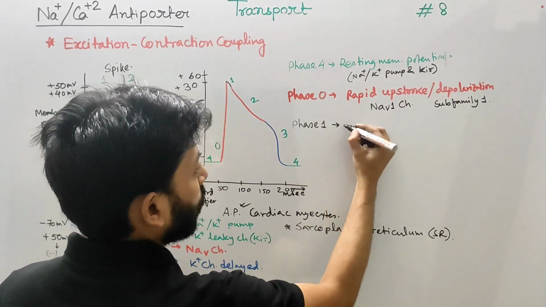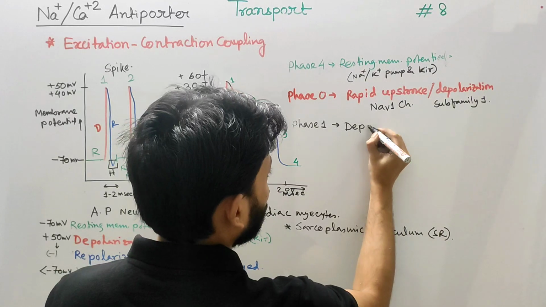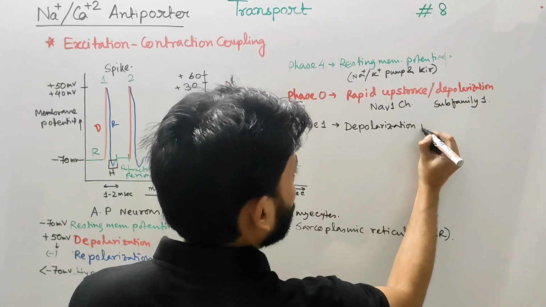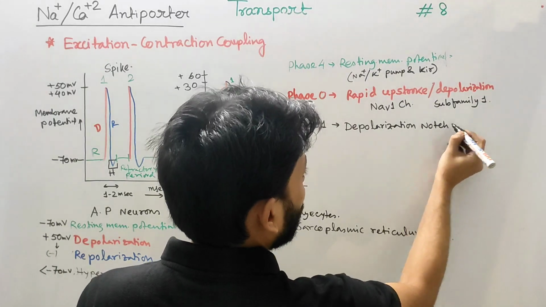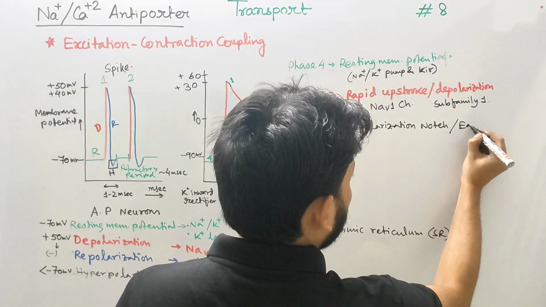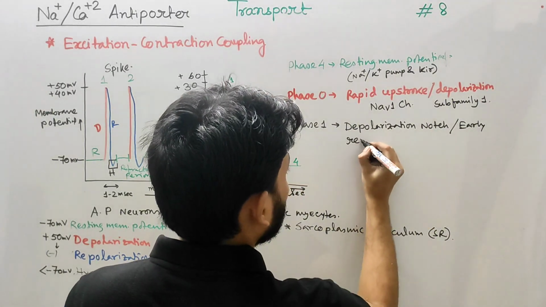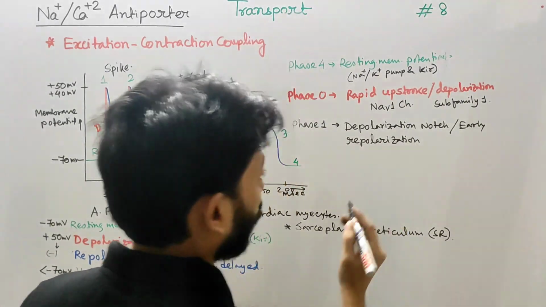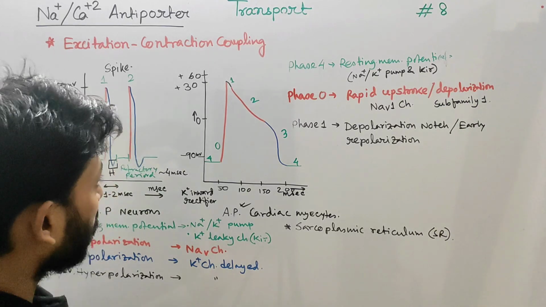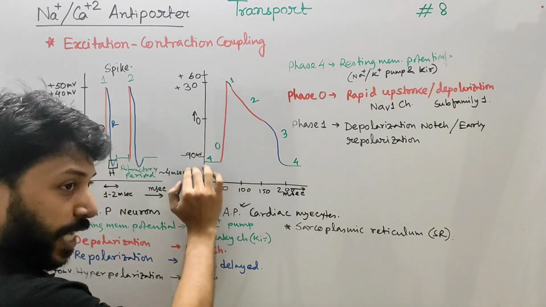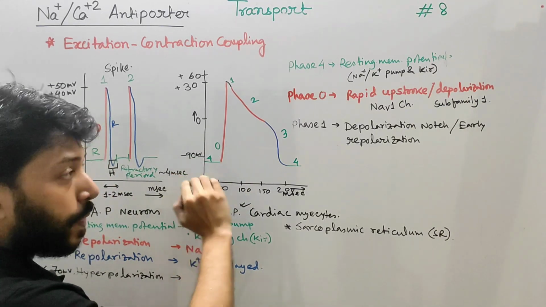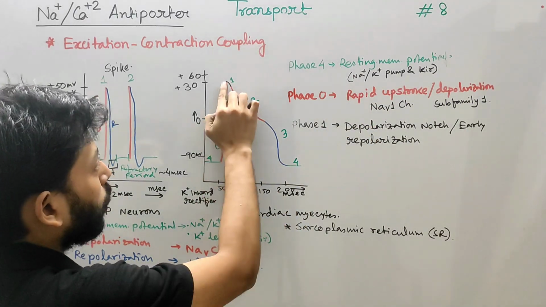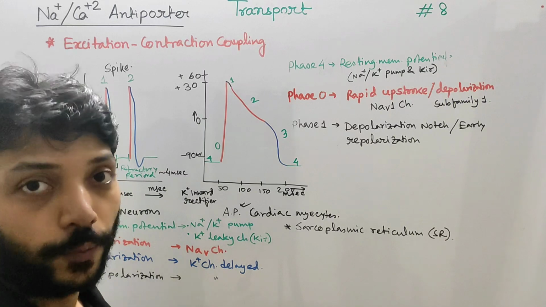Now in the phase 1, this is called depolarization notch or early repolarization. Why is it called depolarization notch or early repolarization? Because as you can see, from less than minus 90 millivolt, the rapid upstroke or rapid depolarization actually goes up to positive 30, and here it stops.